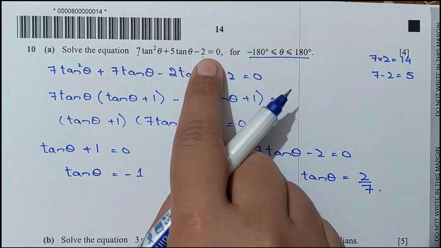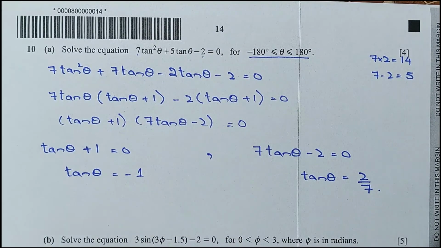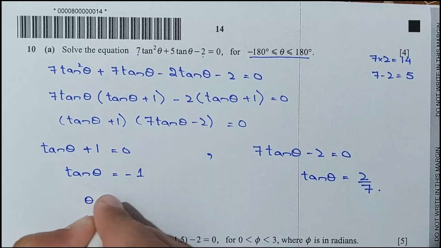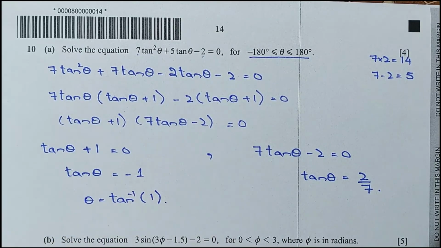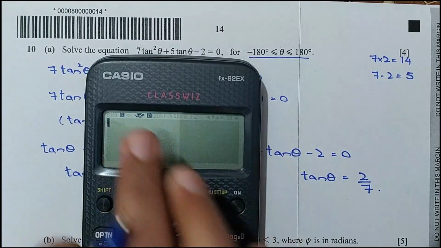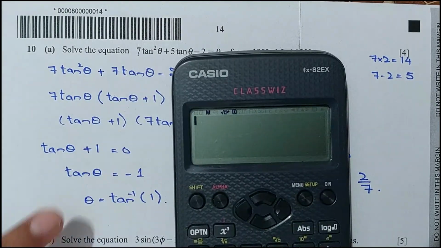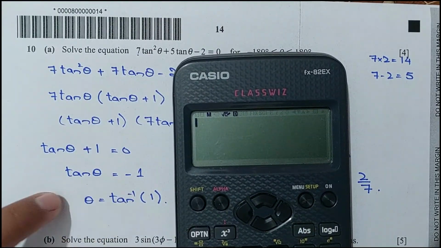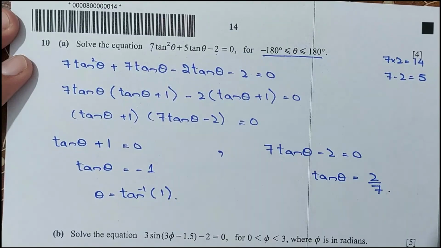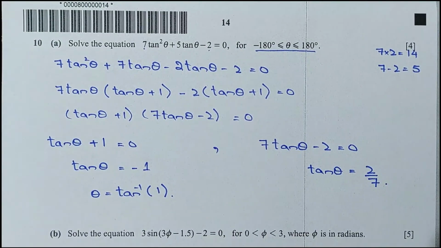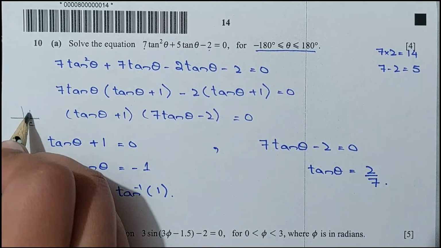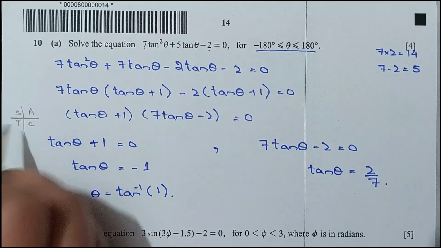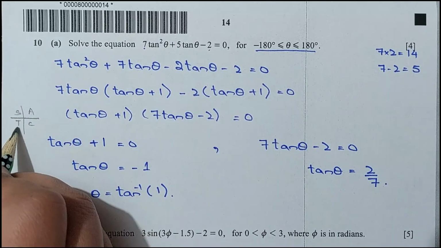Now let me solve for theta between minus 180 and plus 180. So theta would be equal to tangent inverse of 1. My calculator is in degrees. Okay, so we solve for the positive first. Now we can check in which quadrant tangent is negative according to the CAST rule. If I draw the CAST rule, C, A, S and T, tangent is positive in first and third.